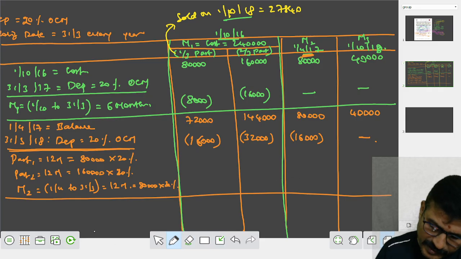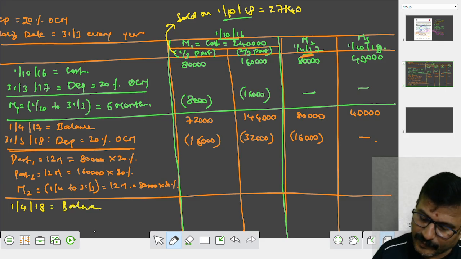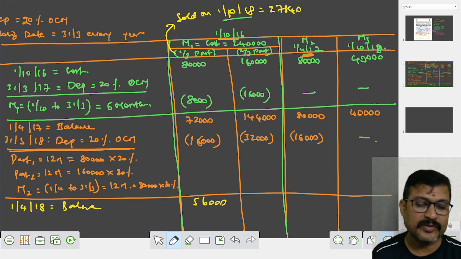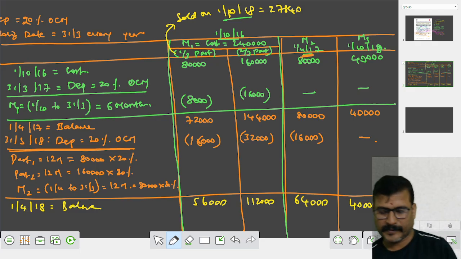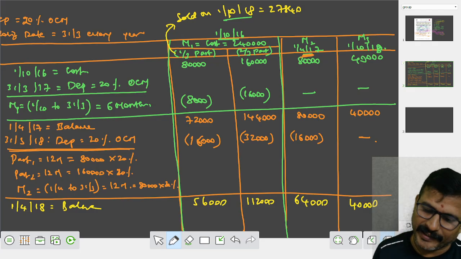When the balance is 1st April 18, balance comes to rupees 56,000. It comes to 1,12,000. It is of 64,000. Then finally 40,000. Now we are into April 18, right?